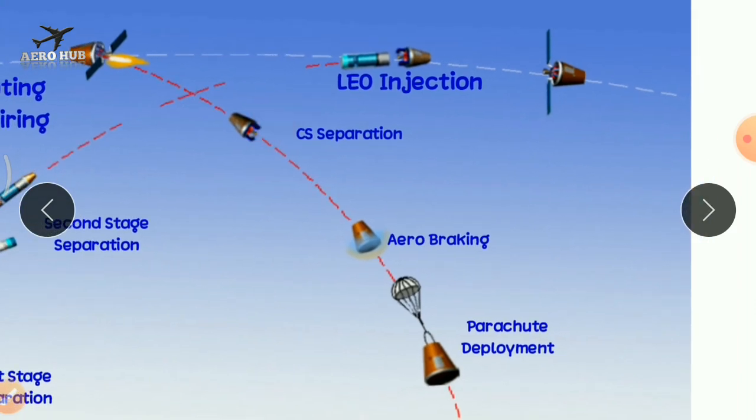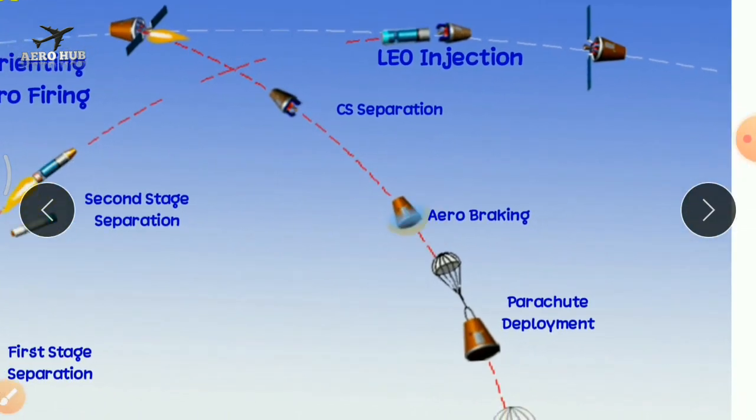Now we have something called aero braking. Aero braking is a technique used in spacecraft, mainly to change the altitude of the orbital flight, or to decrease the altitude.